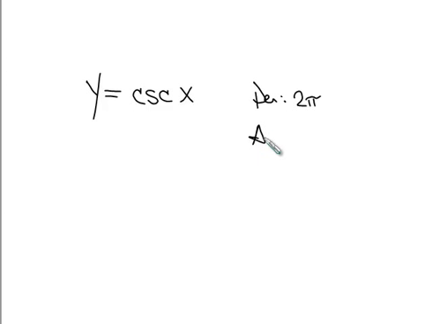As far as the amplitude goes, the amplitude on secant and cosecant both, just like tangent and cotangent, is none, because the graph of secant and cosecant is going to zoom off to positive and negative infinity. So there is no maximum or minimum value for us to do maximum minus minimum divided by 2, which is the actual equation for finding the amplitude.